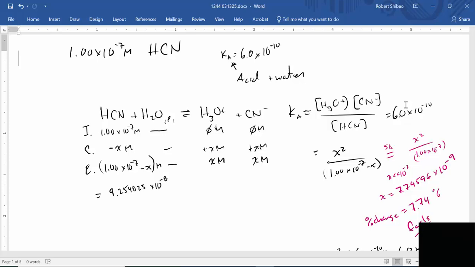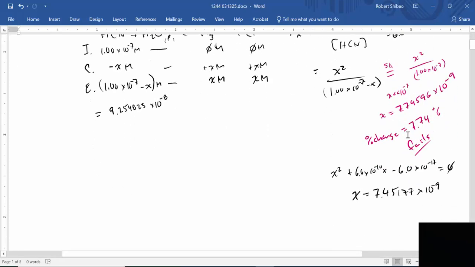And so 1 times 10 to the negative 7 times 6 times 10 to the negative 10 gives me 6 times 10 to the negative 17. And then minus x times this gives me minus 6 times 10 to the negative 10x. And then I get it all on one side. So I add 6 times 10 to the negative 10x and subtract 1 times 10 to the negative 7 from both sides. And then I get this formula in this form here. So that's where I got it. I just skipped a couple of steps in the algebra.